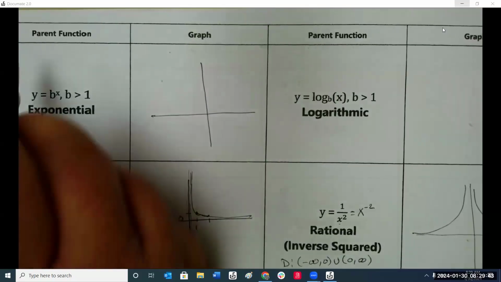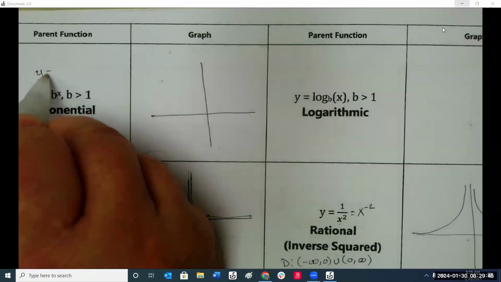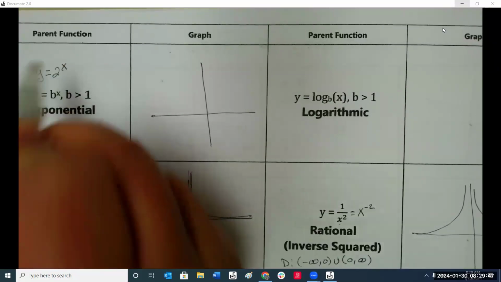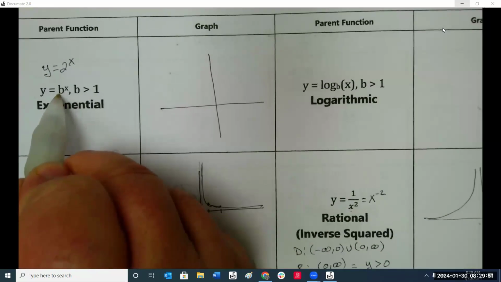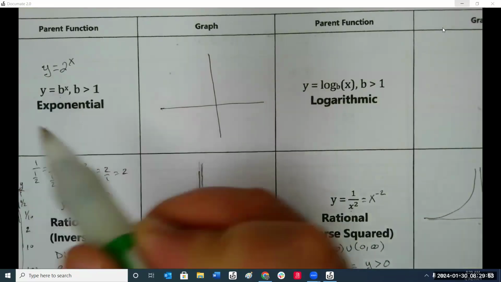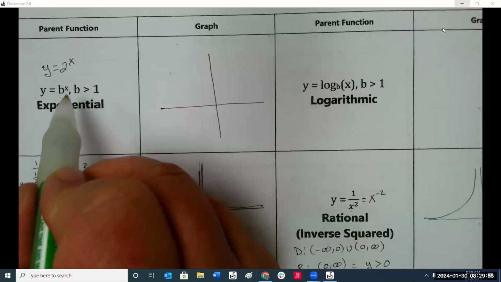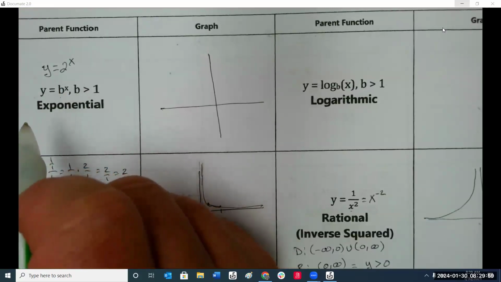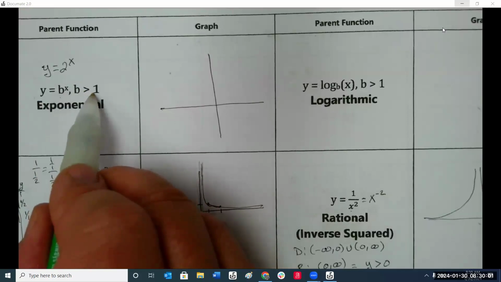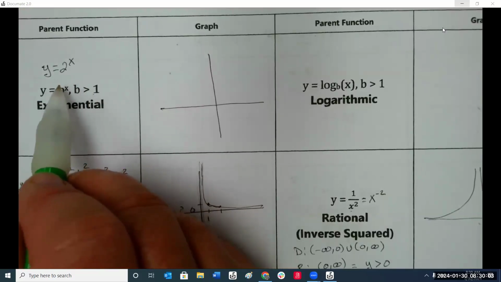For example, what if we had y equals 2 to the power x? The base b is an integer. It has to be positive. Why is that an important concept? If it was 1, what would happen?